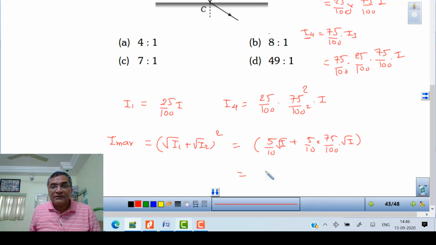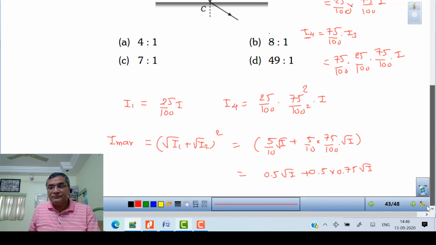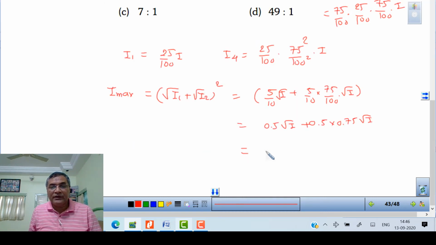So you can calculate: 5 by 10, so 0.5 root I plus 0.5 into 0.75 root I. I take the common, what do I take common? 0.5 root I common, so 1 plus 0.75.